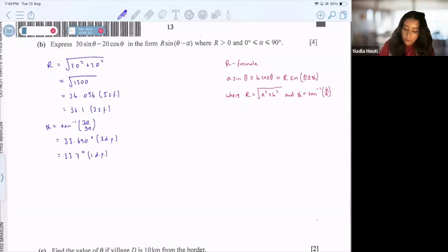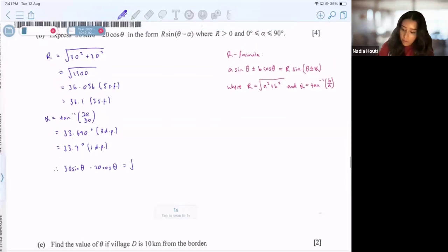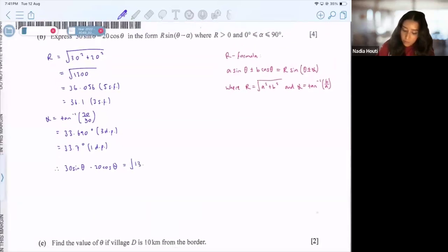So therefore, 30 sine theta minus 20 cosine theta is equal to square root of 1,300, or you can actually leave it in the simplified form.